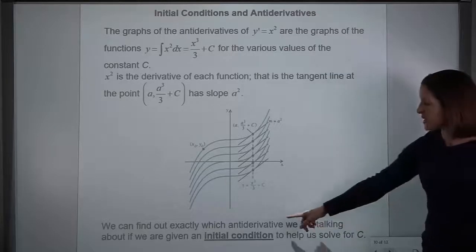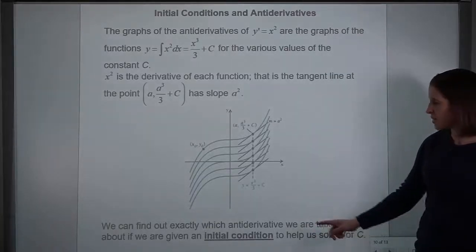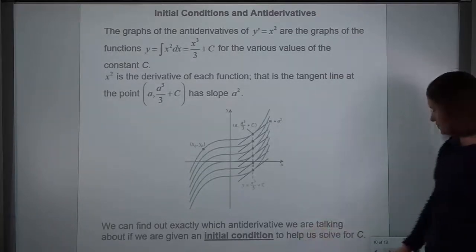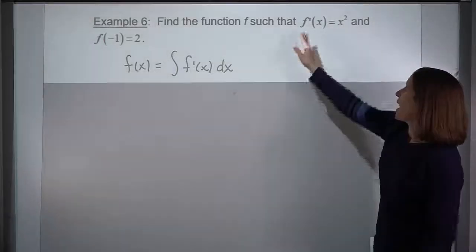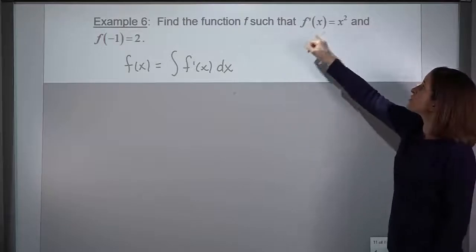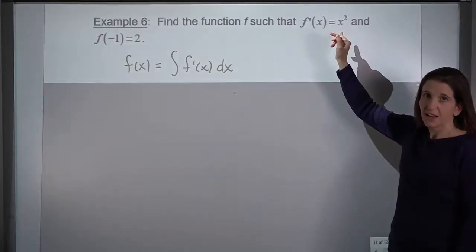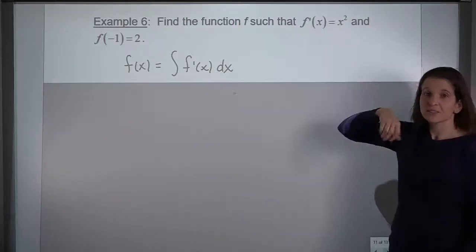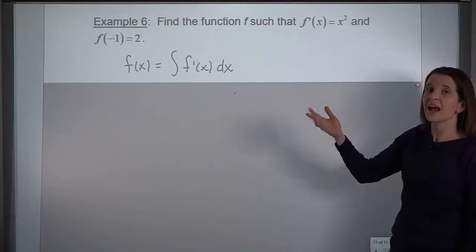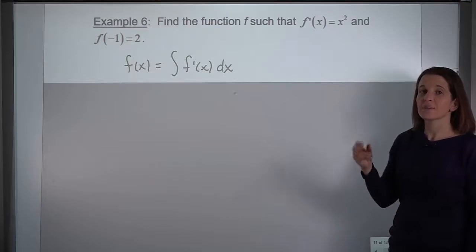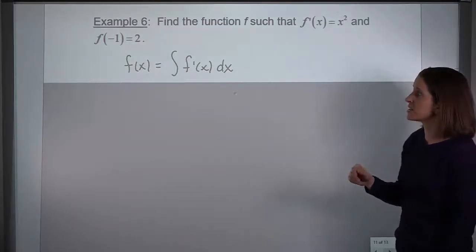Okay, so we can find out exactly which antiderivative we are talking about if we are given an initial condition. So this is an example of what a problem would look like. I need to find the function who has a derivative of x squared, but then instead of just getting, we got a preview of this, x cubed over 3 plus c, I can actually find out what that plus c is and find the exact function I mean.